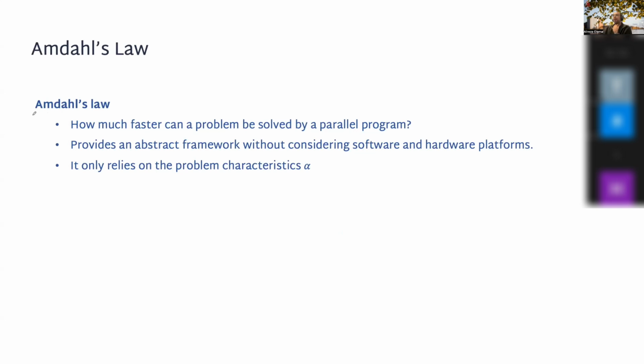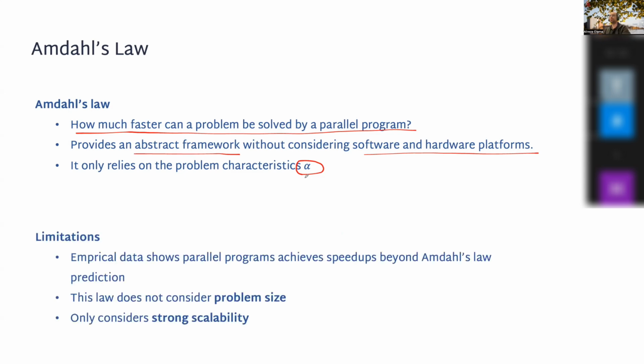As I mentioned, Amdahl's law shows how much faster our program can be. And it provides an abstract framework because it doesn't really depend on the software and hardware platforms. It only relies on the portion of your program that can be run in parallel, but it has some pitfalls.